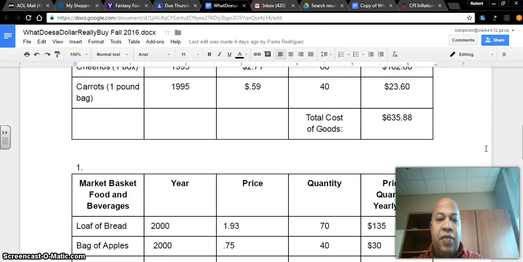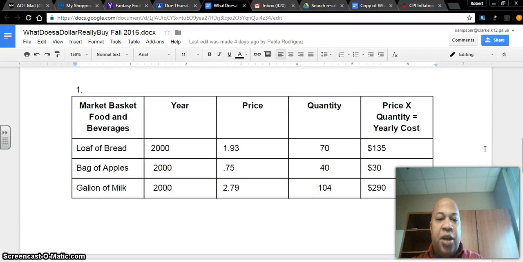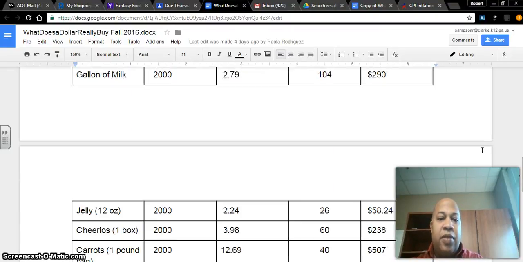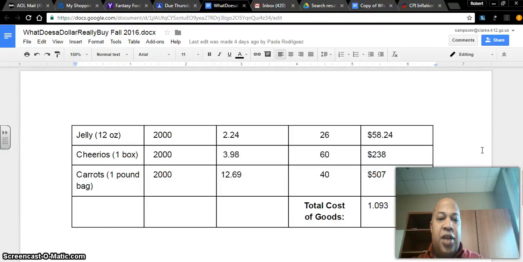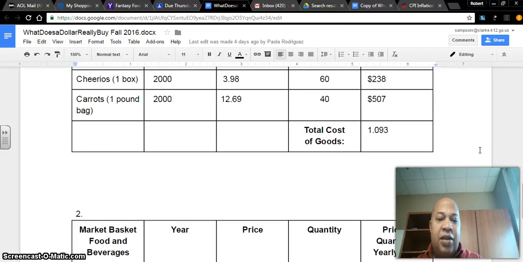Okay, sample table done for you. Filled out. She just plugged in the values. Milk 2.79, year 2000. Yep. Perfect math. Looking at the jelly, might be a little bit high for 2.24, but I'll take it. Again, depending on where she bought the items, it could be in Atlanta or in different cities. Miami, definitely higher prices, or wherever you buy outside of Atlanta.